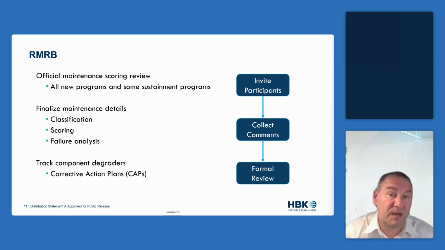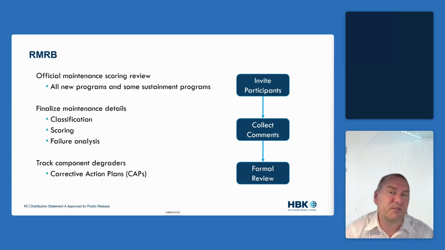Finally, if a particular program is applying this RMRB process, the official review of the maintenance actions, as I mentioned earlier, that's primarily when you're in early test evaluation and working directly with the OEMs. But even some of the programs in sustainment continue to do this. They'll sit down with all the maintenance actions for a particular period of time, a particular squadron, and set up one of these RMRB reviews.